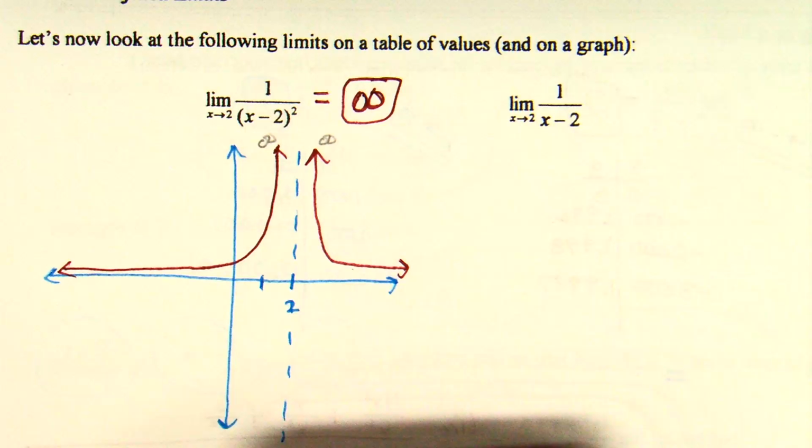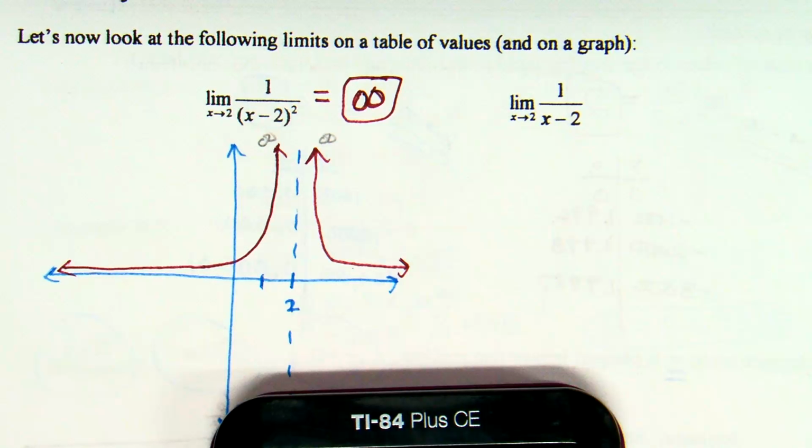Okay. Let's go to example 2. This time we're going to graph 1 divided by parentheses x minus 2 parentheses. Again, if you're not using a fraction bar, put that whole denominator in parentheses.